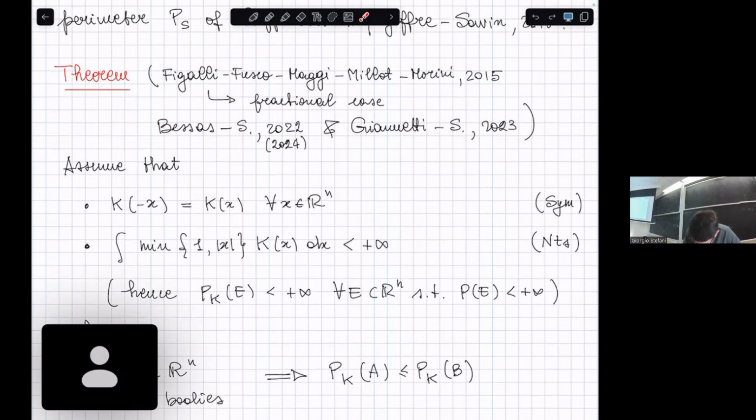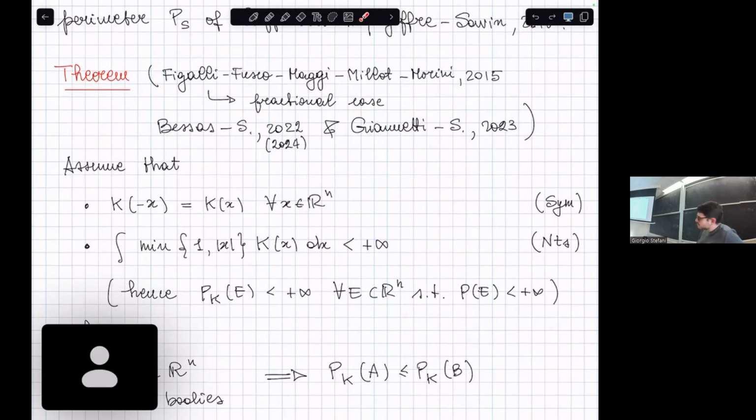The first result that I am aware of concerning this property is hidden in a very celebrated paper by the 2Fs and 3Ms, Figalli, Fusco, Maggi, Millot, Morini, 2015, where they studied the quantitative isoperimetric property of the ball for the fractional perimeter.